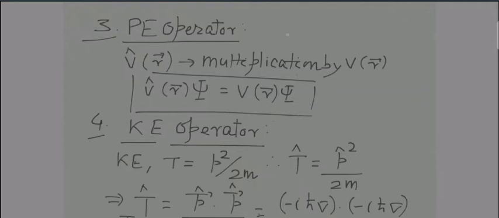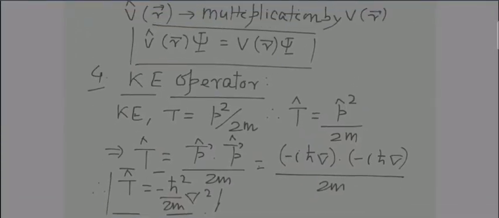Your potential energy operator and position operator are equivalent to algebraic multiplication. Means the operator in itself is your observable. You can say it like that.